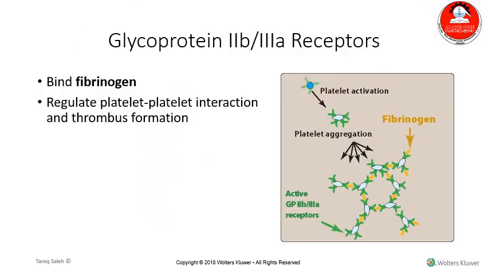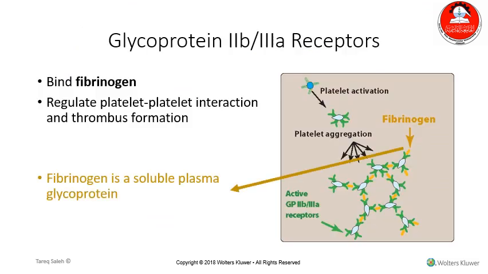So fibrinogen is a soluble plasma glycoprotein that binds two adjacent glycoprotein receptors in two separate platelets, resulting in platelet cross-linking, as you can see here.